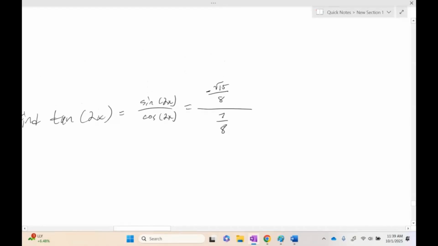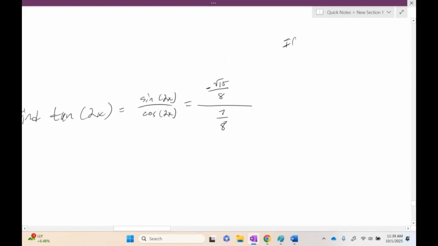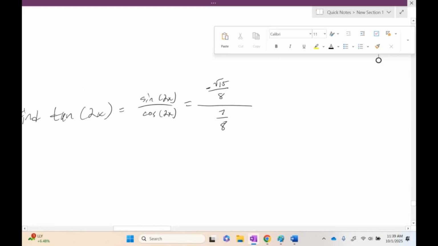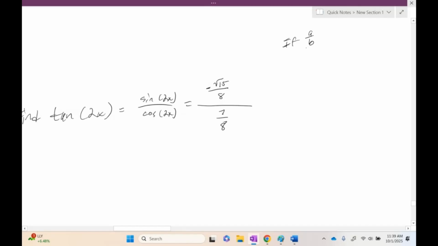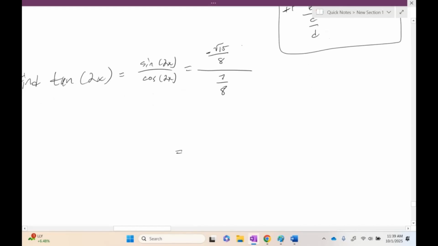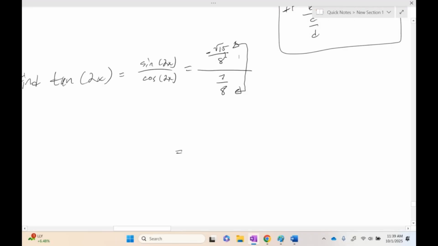So remember the formula we were using: if A over B over C over D, then you can multiply the very top and the very bottom, and then the bottom of the top and the top of the bottom. So I can multiply the very top and the very bottom. A negative divided by a positive still keeps my number negative.